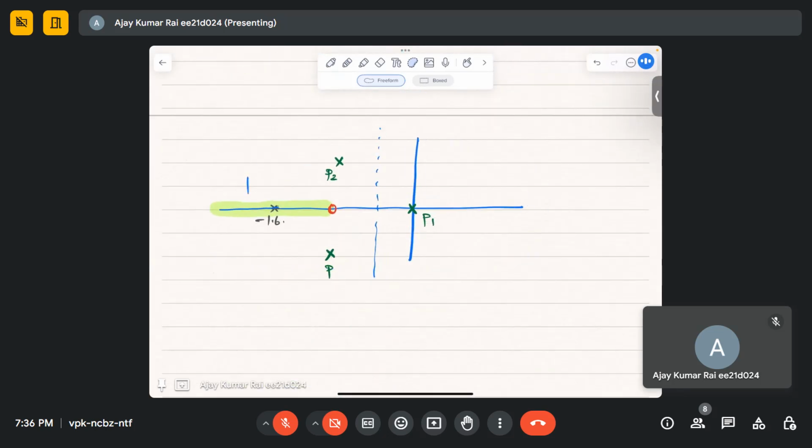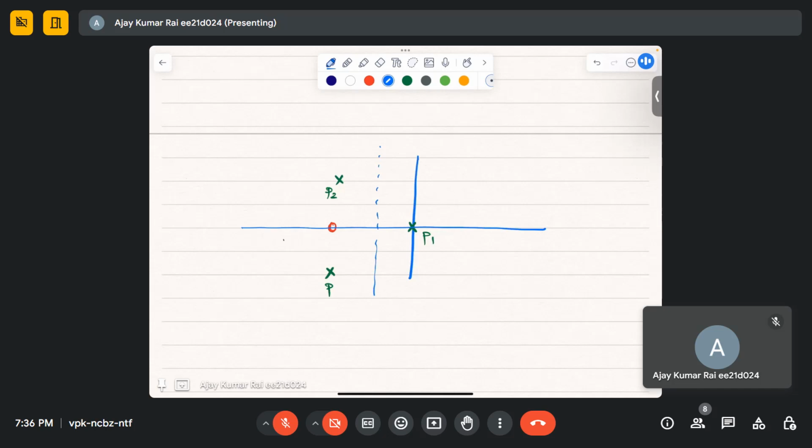Now what you want is to calculate for P2. Let me call this P1, not P2; this is P2. So, angle of departure.